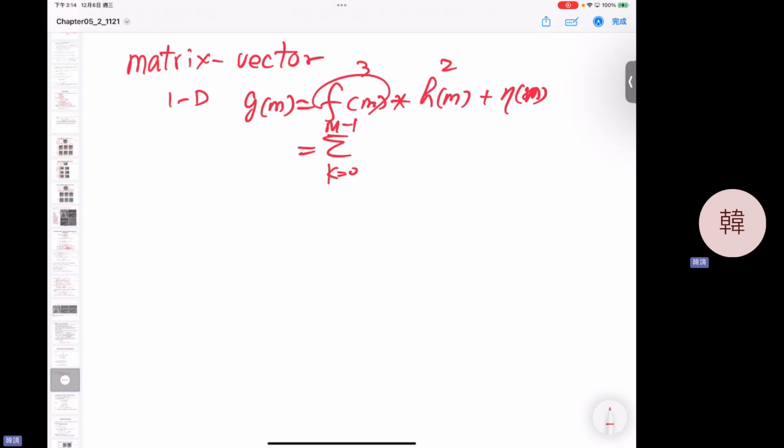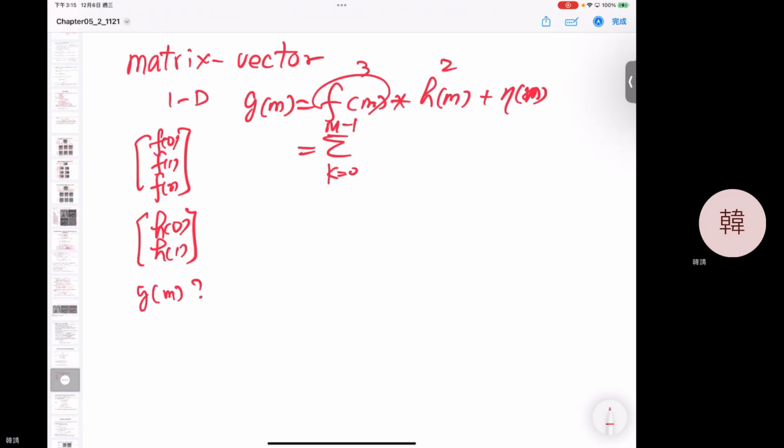Let's assume you have F0, F1, F2, 3 components in your F vector, and we have H0, H1 as the degradation model, 2 components. So what's the size of G? How many components? It's a convolution in signal processing.